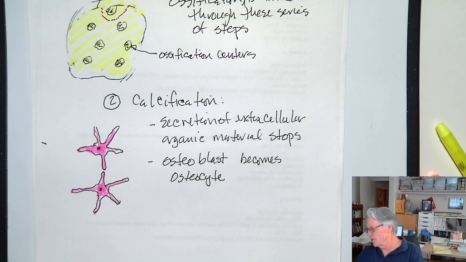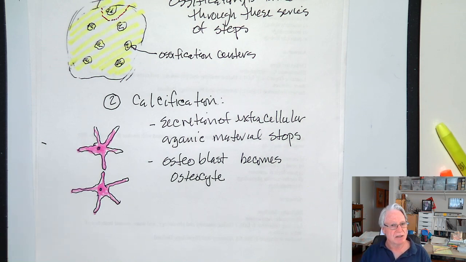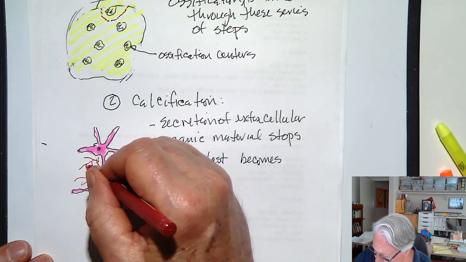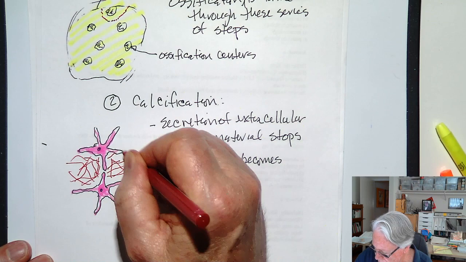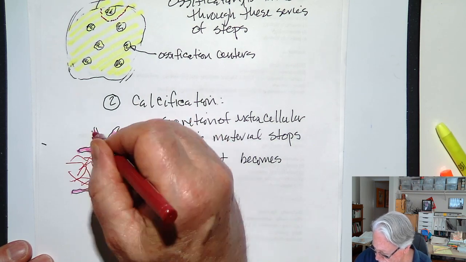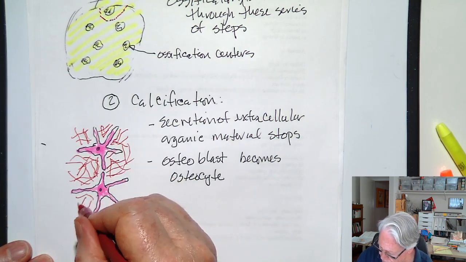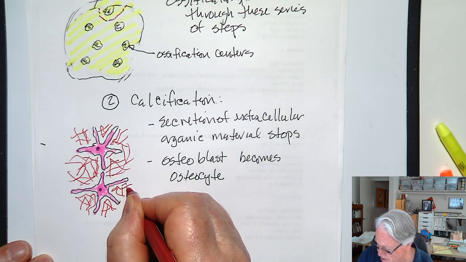At this point, they're trapped in the organic matrix, not necessarily in the calcified salts yet. They're trapped in a complex web of fibers, and that is the point at which they can be called osteocytes.